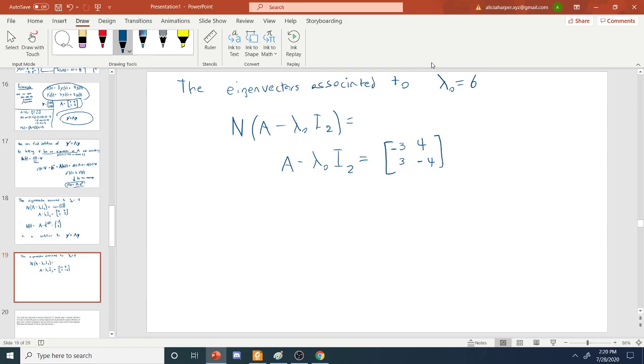And so you can solve this if you want, but you can show that this is precisely the span of the vector 4, 3.